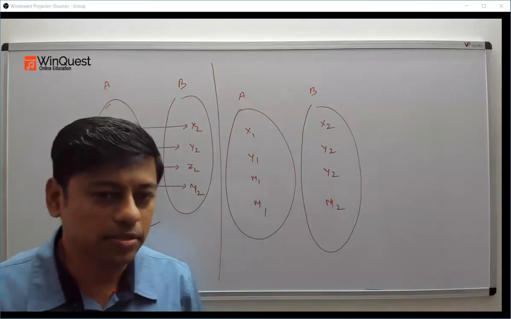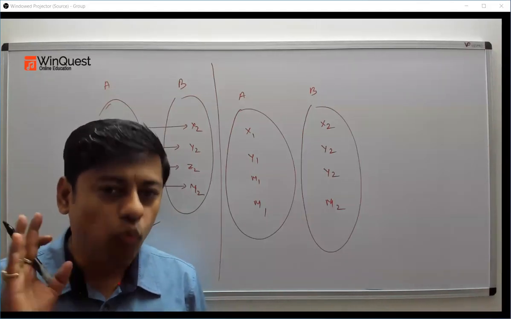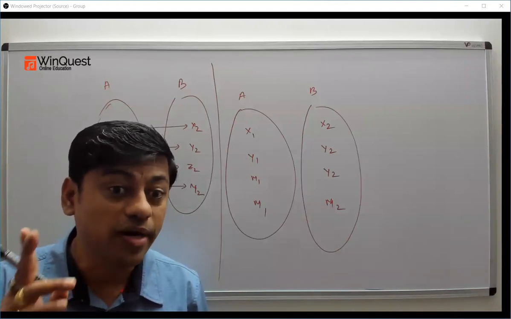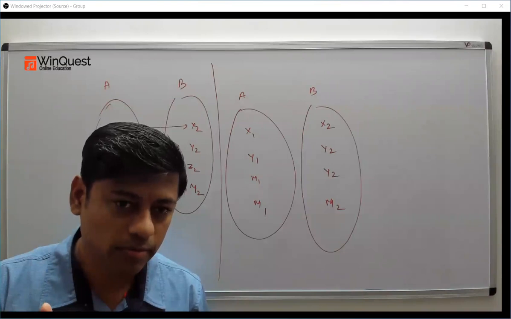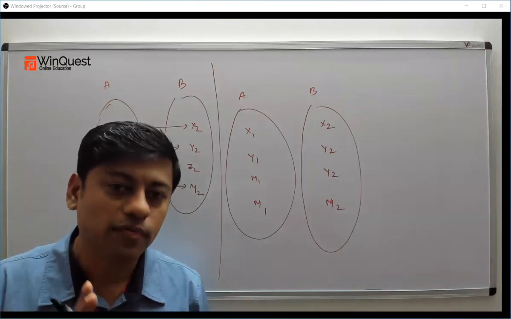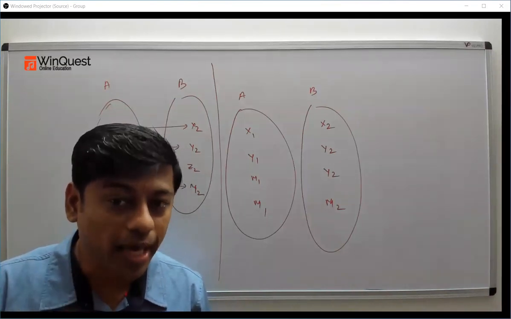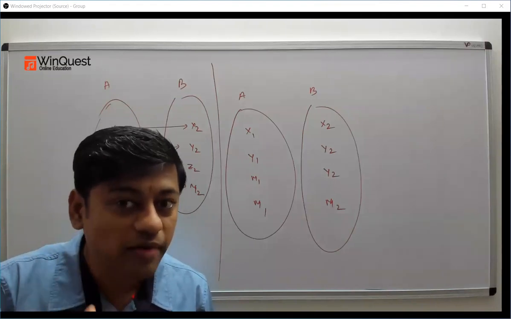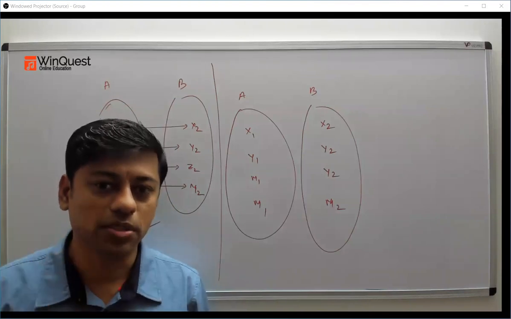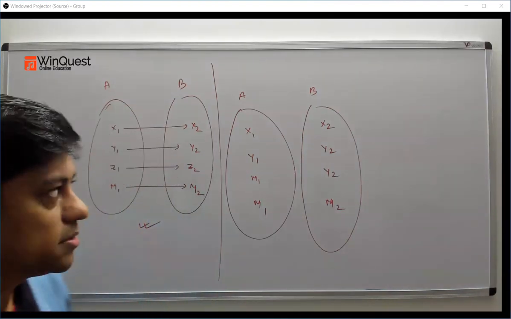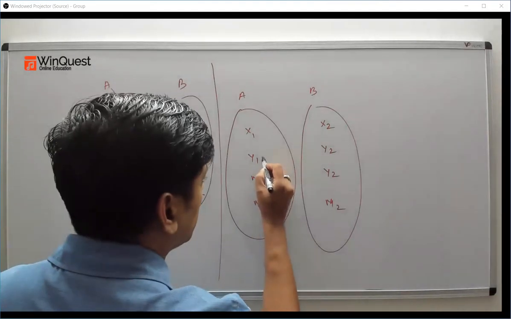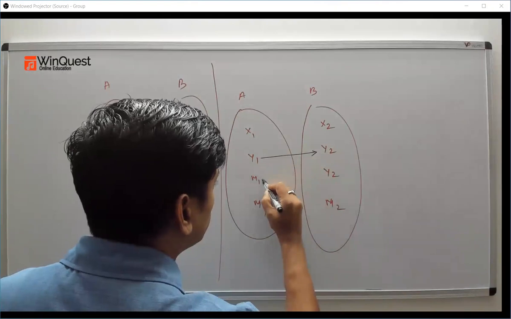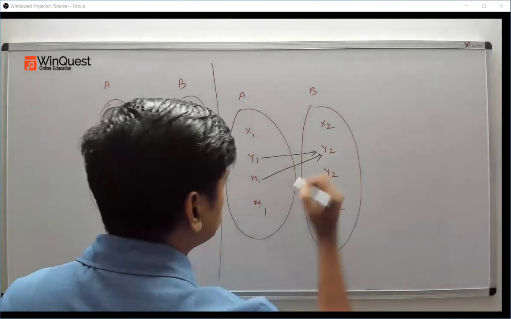When I said the sentence, if one particular value of x correlates with two different values of y, similarly, if one particular value of A correlates with two different values of B, then it is not a function. But what is happening in this case? One particular value corresponds to y2, and another particular value also corresponds to y2.